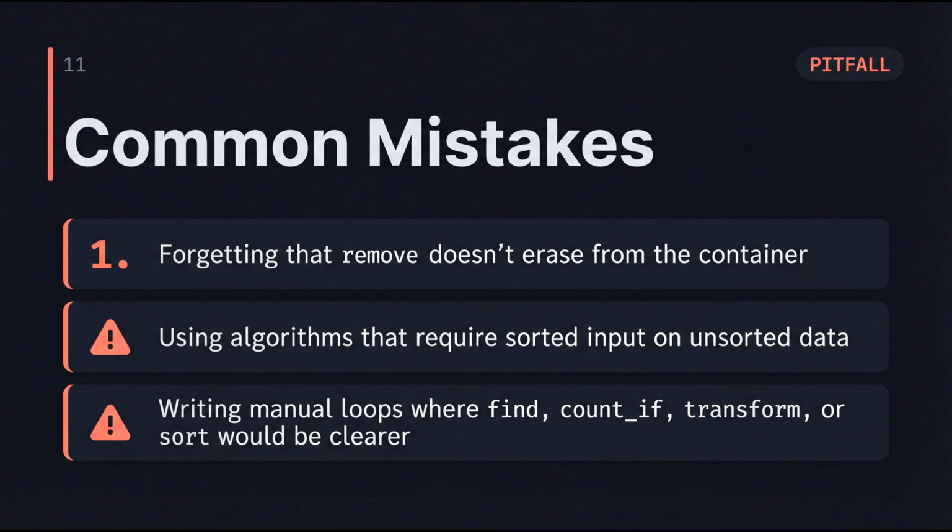Using them on unsorted data gives meaningless results with no compiler warning. Third, writing manual loops where an algorithm would be clearer. If your loop is just finding, counting, transforming, or sorting, there's an algorithm for that. Use it.